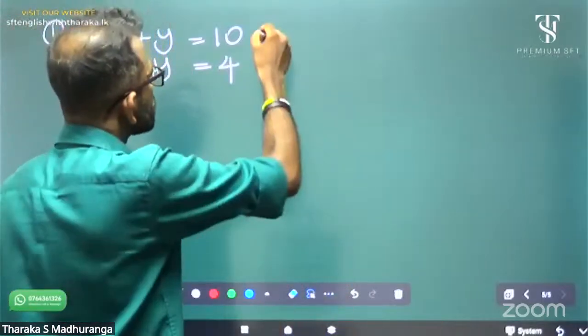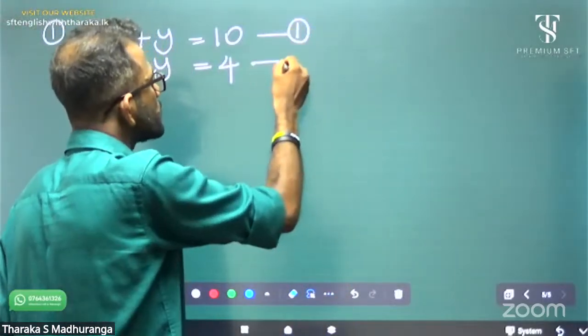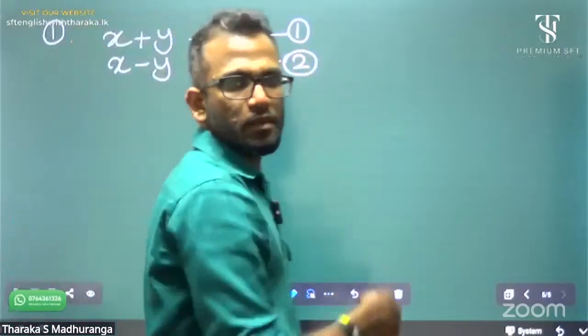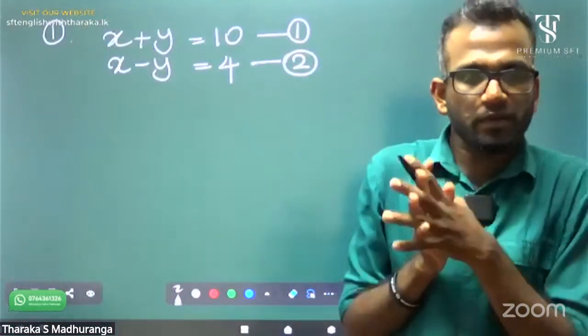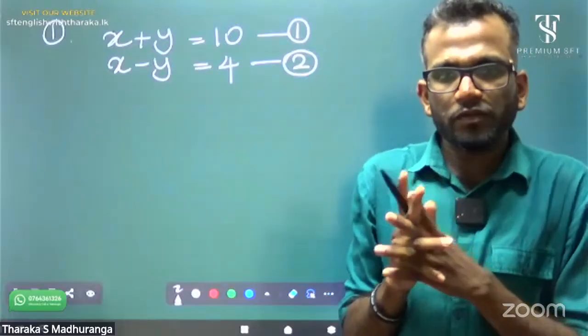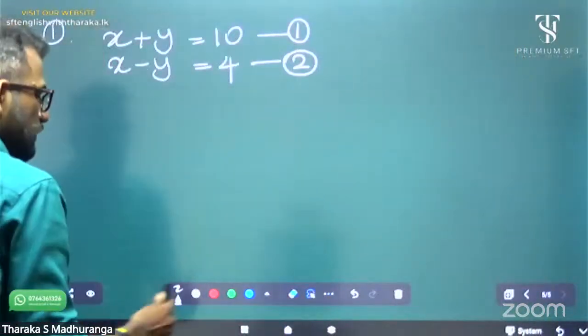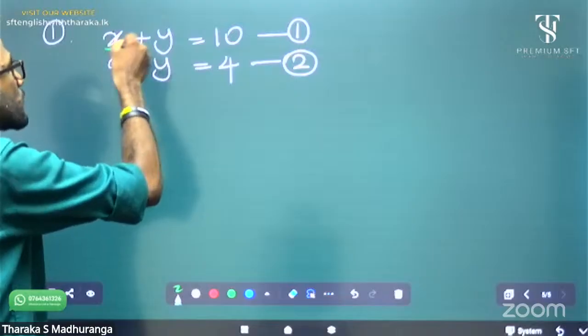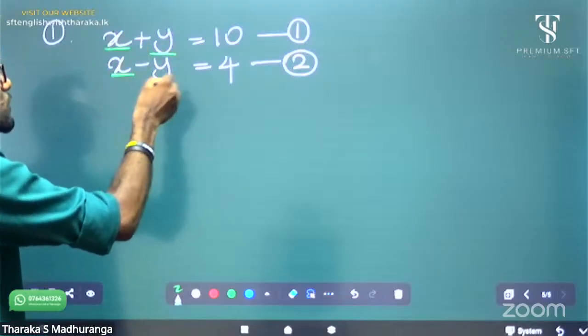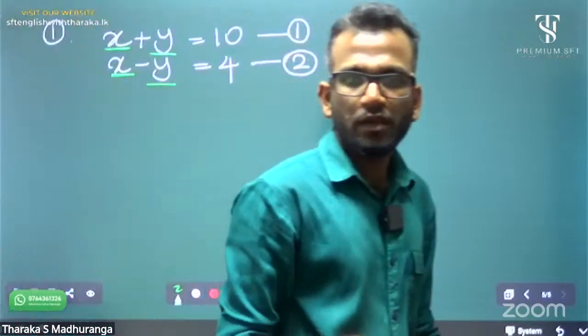Okay, this is my first expression. This is my second expression. How do we solve this type of simultaneous equation? Now you have two unknown factors, x and y. How to solve?